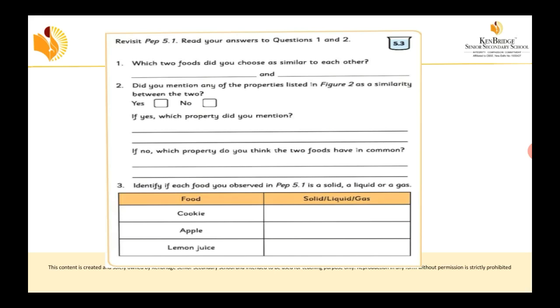It can be cut. So identify if each food you observed is a solid, liquid or gas. We have three food items. You should mention whether the food items are solid, liquid or gas. The first one, cookie. The cookie is a solid. An apple is also a solid, and lemon juice is a liquid.